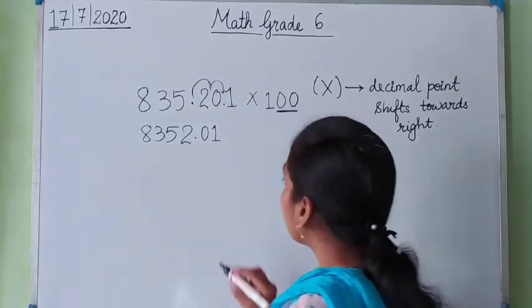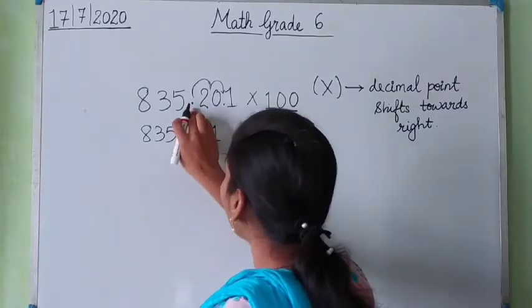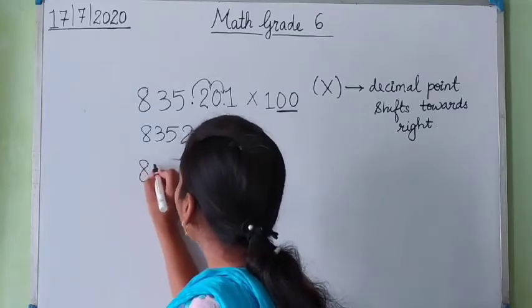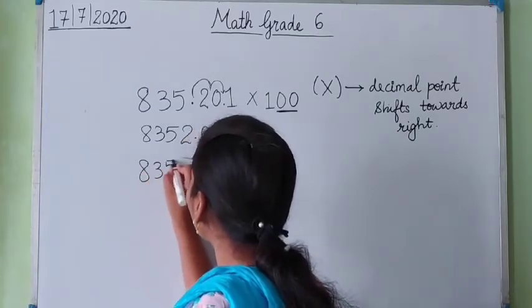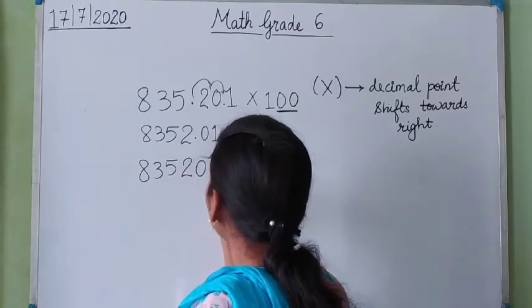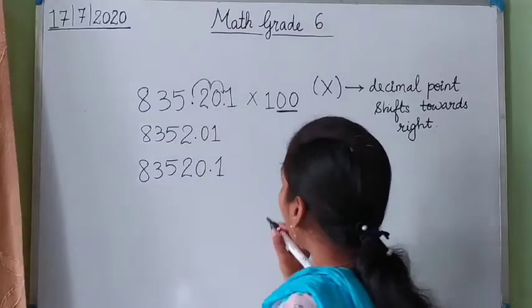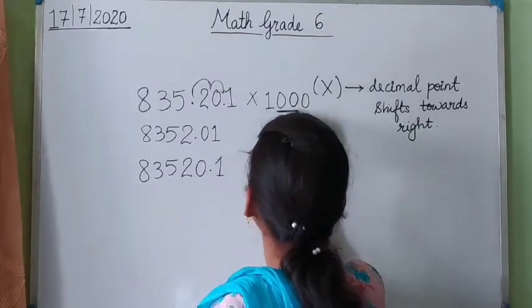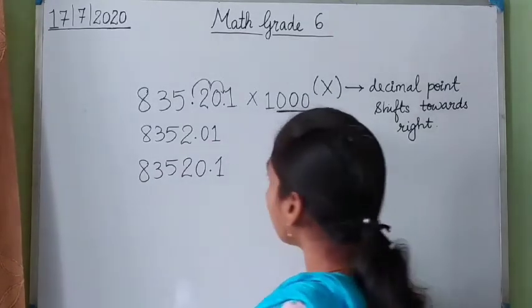Understood? So after the decimal point gets shifted towards the right, the number becomes 83520.1.